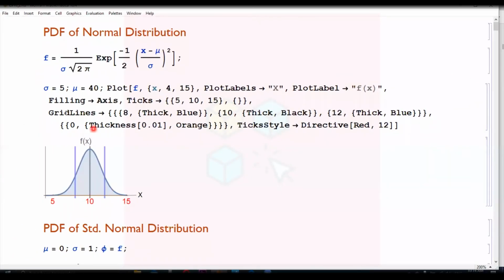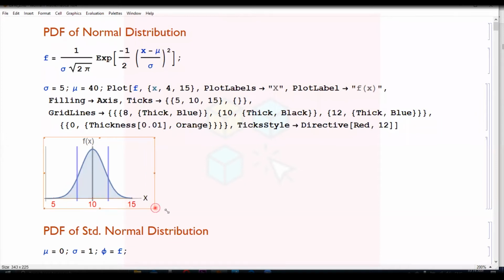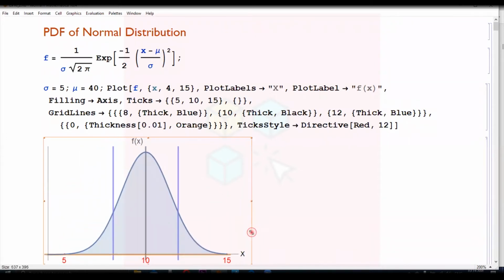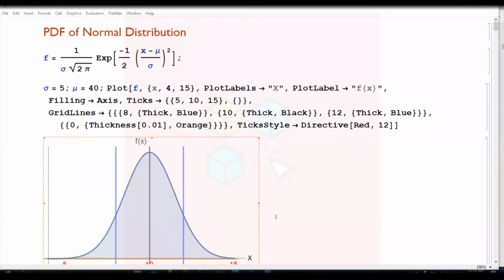We know that the PDF of the normal distribution is this one: f of x is equal to 1 over sigma under root 2 pi, e raised to the power minus 1 by 2, x minus mu over sigma, whole square. And this is the density function related to the normal distribution. You can see that along the x-axis the variable is x, and the title of the graph is f of x.